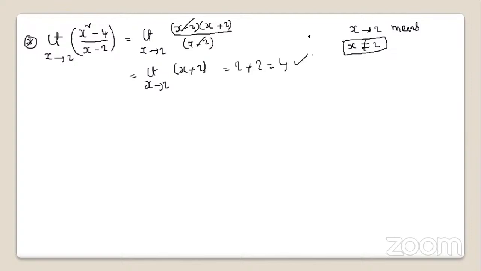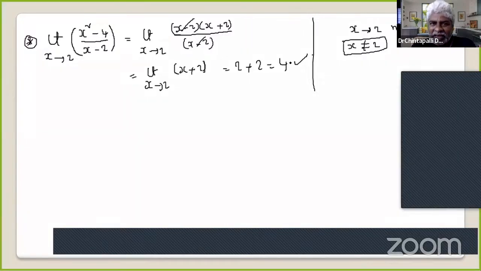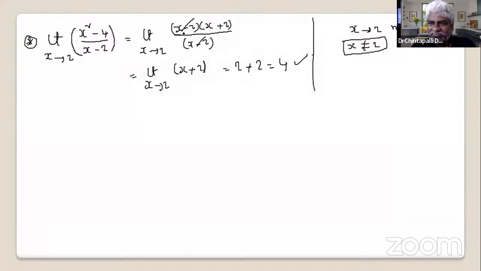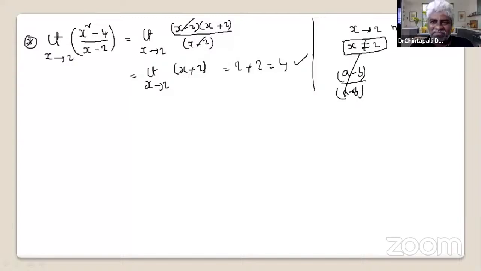But there is a question. In the previous example, we faced an absurdity by doing the same cancellation. By cancelling a minus b on both sides, we faced an absurdity. Yes, sir. This cancellation led to an absurdity.